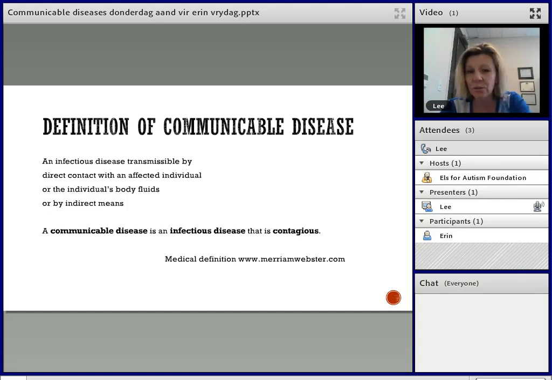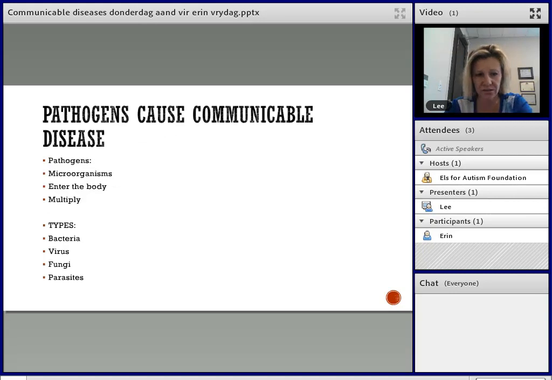For instance, you touch a door and then you touch your face, you are at risk of contracting this disease. So a communicable disease is an infectious disease that is contagious.